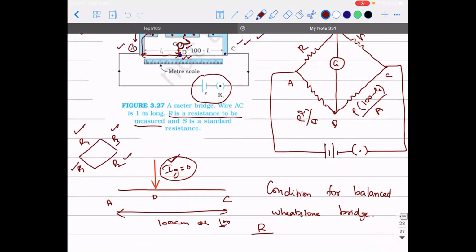Sir, could you explain that point again? Which point? The one which you told, R1, R2, R3, R4. Okay. So there are 4 resistances connected like this. One minute.